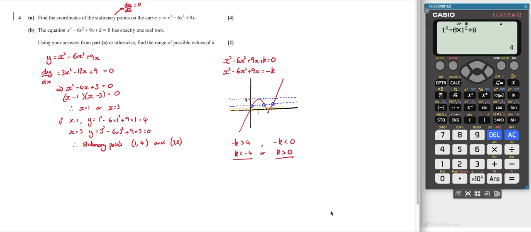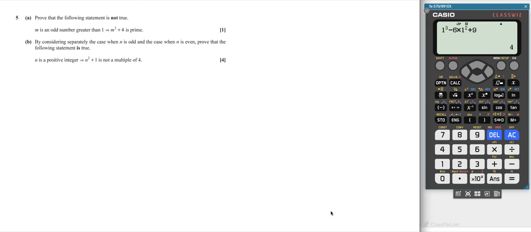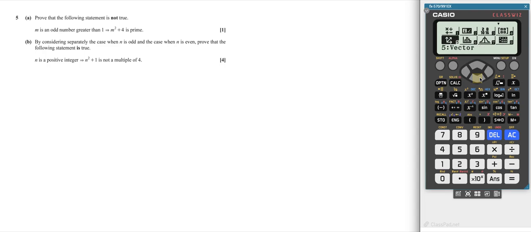Right, question 5. Prove the following statement is not true. If m is an odd number greater than 1, then m squared plus 4 is prime. Right, let's make a few values of m. You know what? Let's use the calculator to help me do this. So I'm going to use table mode, which is there.